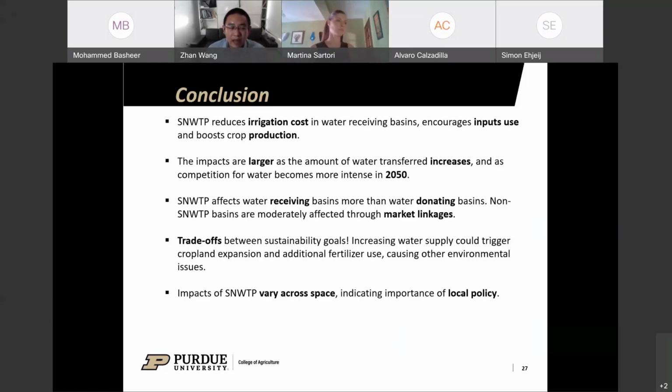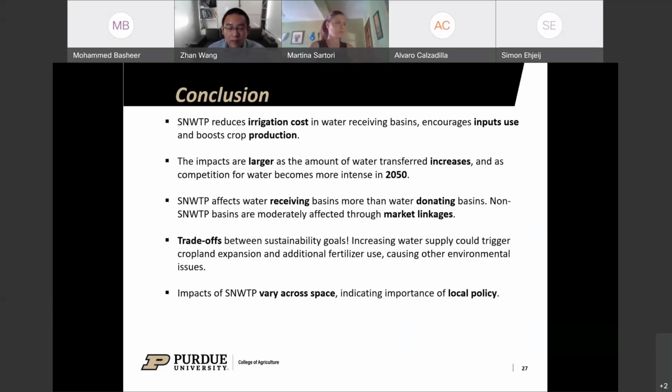And the fourth finding is that there is a trade-off between more crop production in water receiving basins and the increased use of cropland and fertilizer, because they will have a negative impact on the ecosystem and may cause other environmental issues.